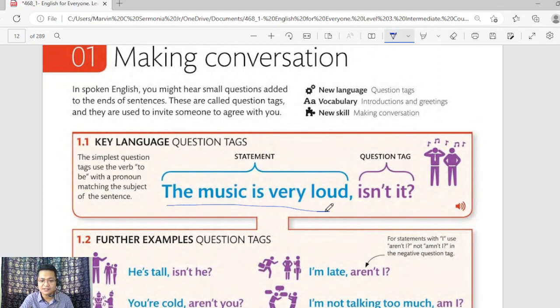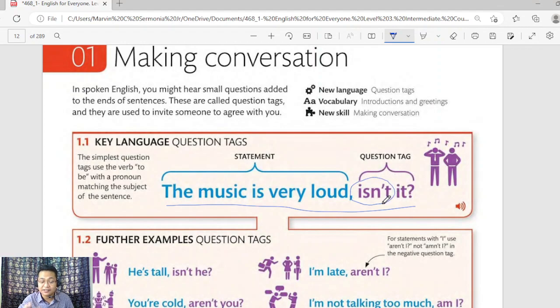We have the sentence, the music is very loud, isn't it? It is actually divided into two. The first one is the statement, the music is very loud. And at the end of this sentence, we have the question tag, isn't it? You can see here we have the word isn't.